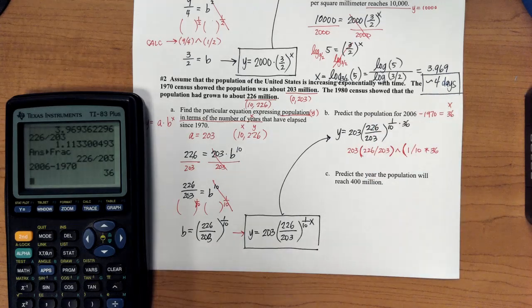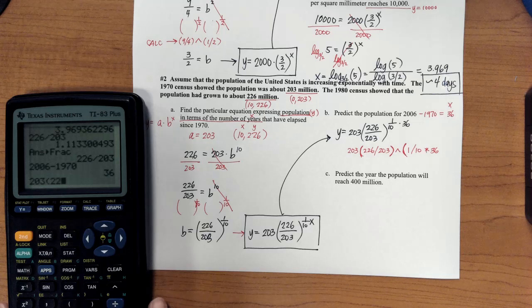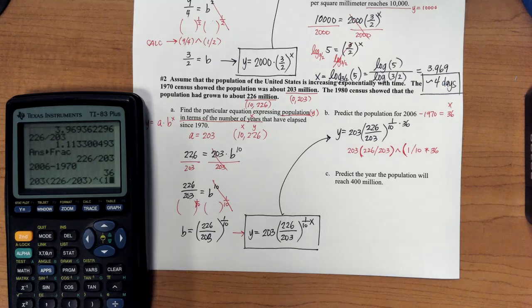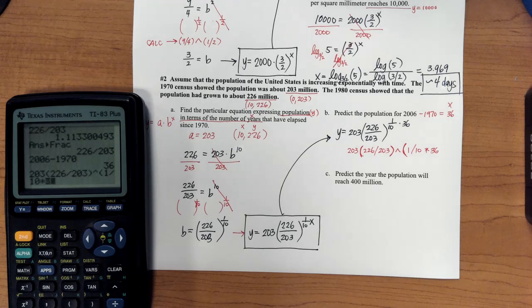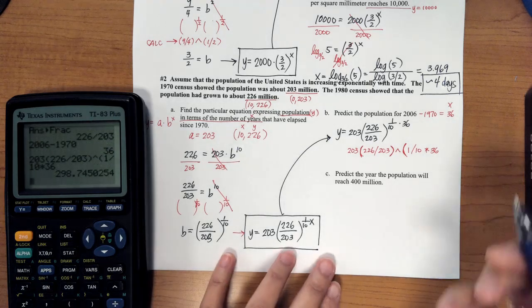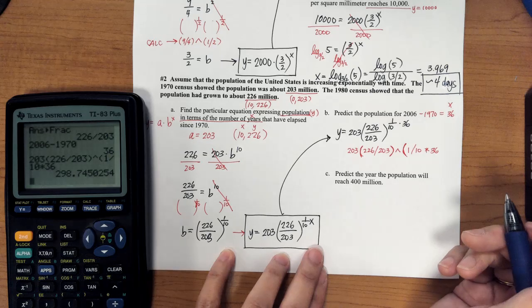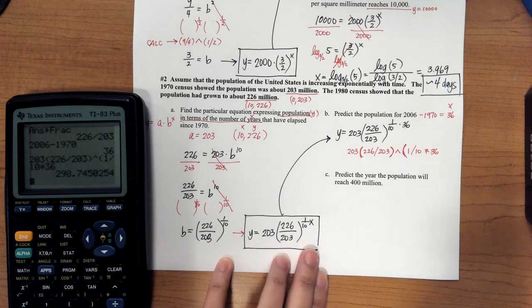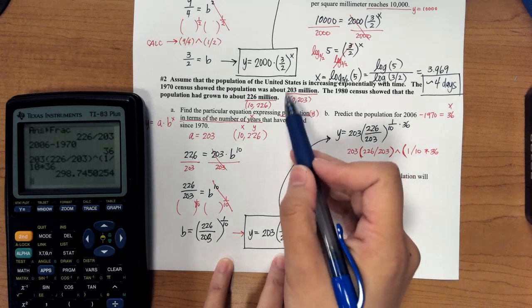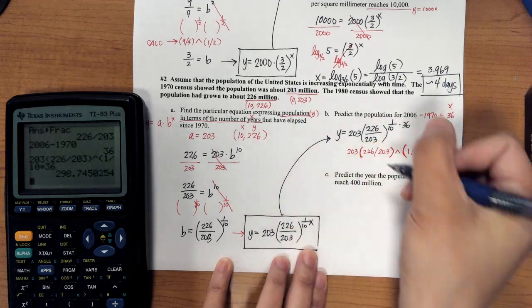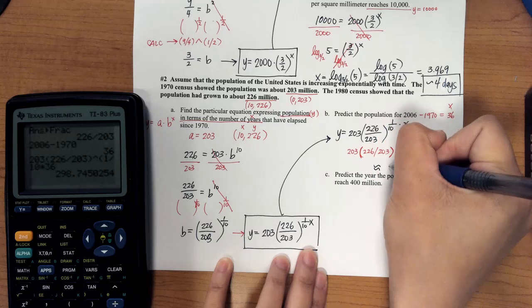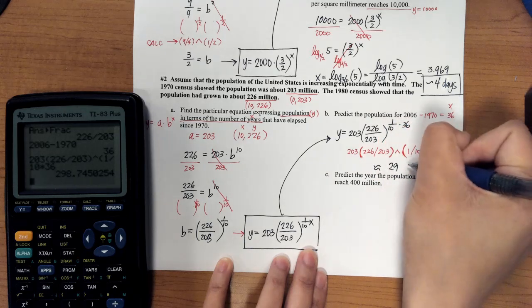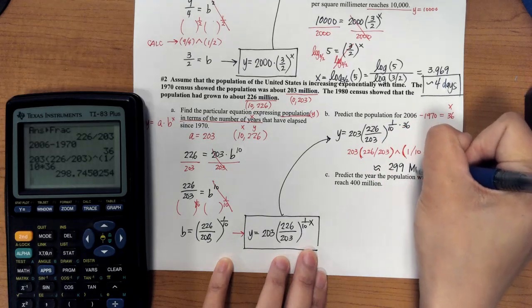So if you type that in, to the power of 1 divided by 10 times 36, you'll get 298,000,000.745. Let's round to the nearest million, since that's what we're given here. So that's approximately 299 million.